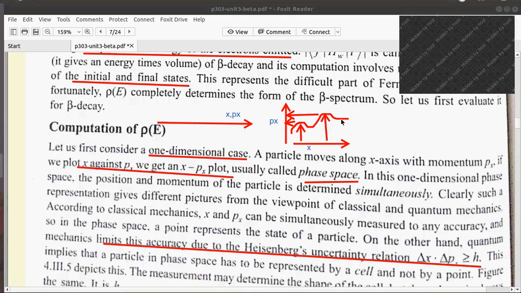This kind of understanding is true and valid when the picture you are considering is a classical picture, or when you are talking about classical mechanics. But if your particle is moving and you are considering the picture from the point of view of quantum mechanics, in that case I cannot consider a small point. Because if I consider a point, then my x is fixed. If my x is fixed, then what will happen? Heisenberg's principle says that if x is fixed, then px will not be fixed.